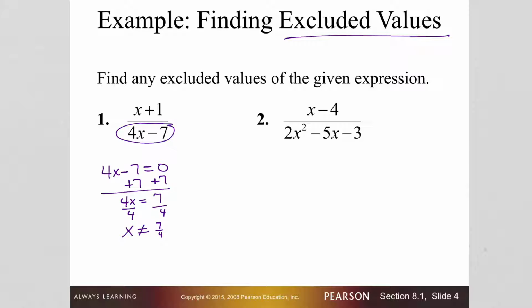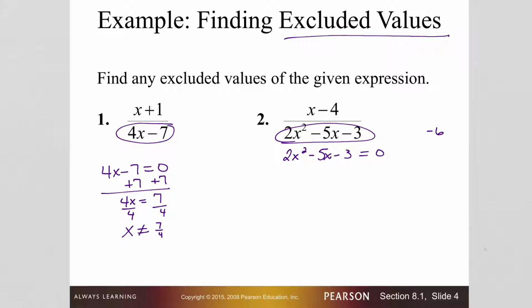Alright, on number 2, I've got only the denominator is what I care about. So I've got 2x squared minus 5x minus 3, and I don't want it to equal 0. So I need to factor this first. So I could come up with two possible solutions that x cannot be. So I'm going to multiply 2 times negative 3, and I get negative 6 off to the side.